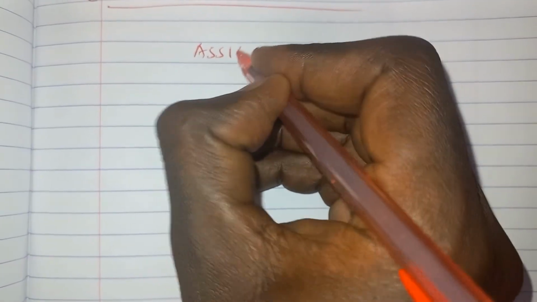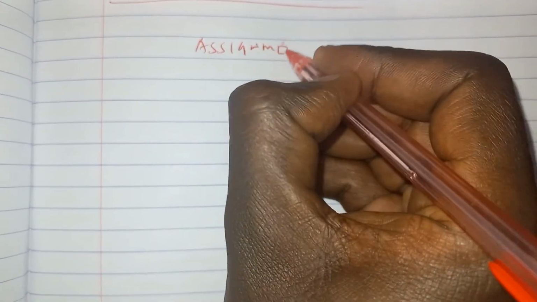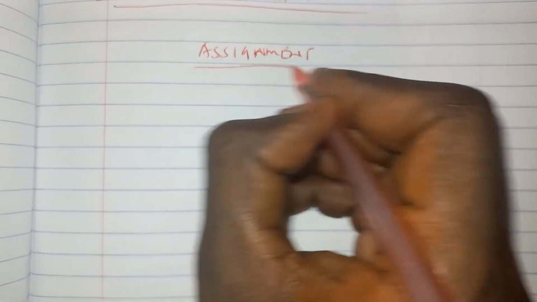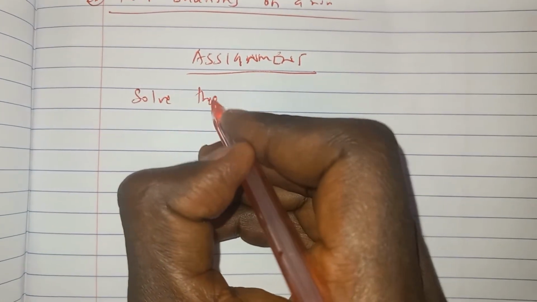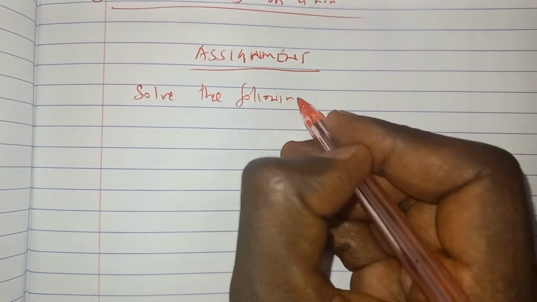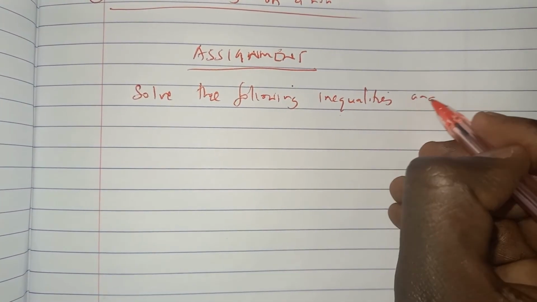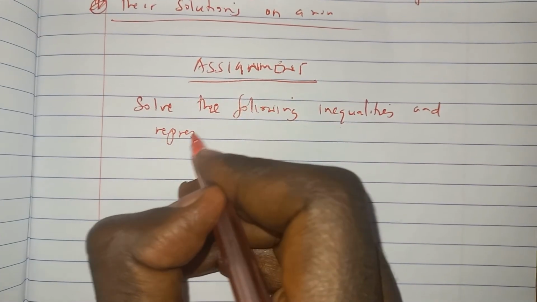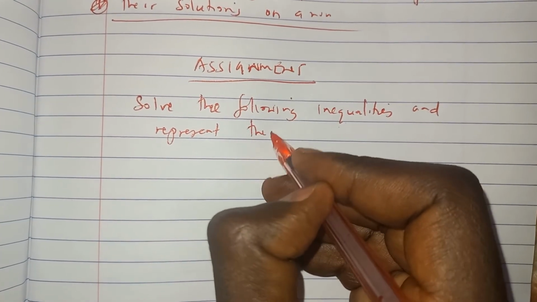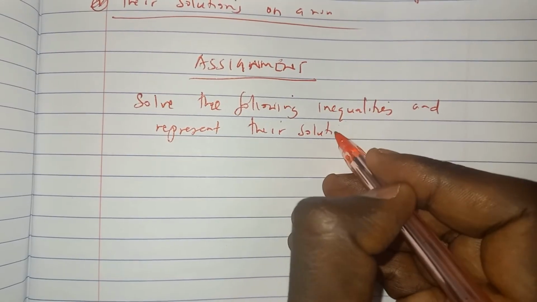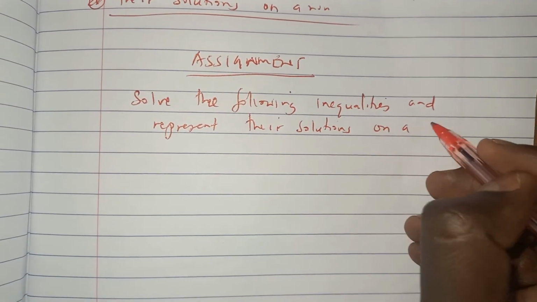So let me give you an assignment. I want you to solve the following inequalities and represent their solutions on a number line.